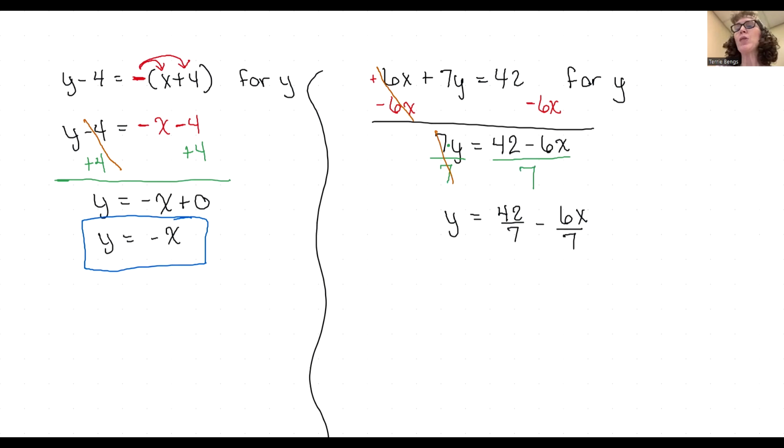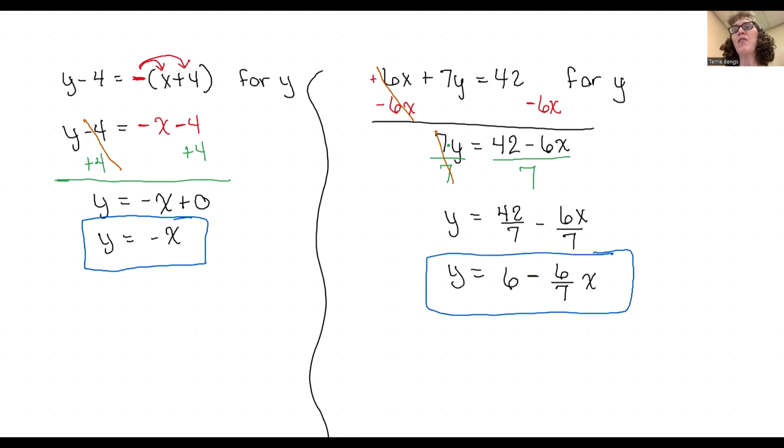So y equals, what's 42 divided by 7? We know that is 6. And then we have minus, and 6 divided by 7 does not divide evenly, so we're just going to leave it as 6/7, and then it has an x with it. So we'll just put the x there. And now we have completely solved for y. We have y on one side, everything else on the other, so we can leave it in that form.